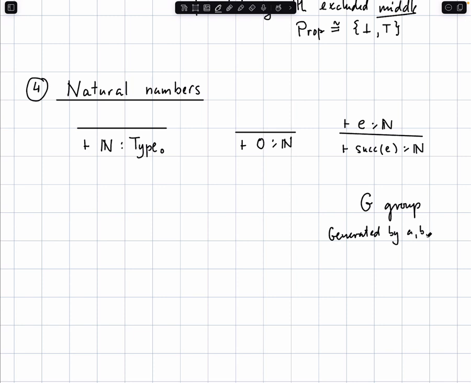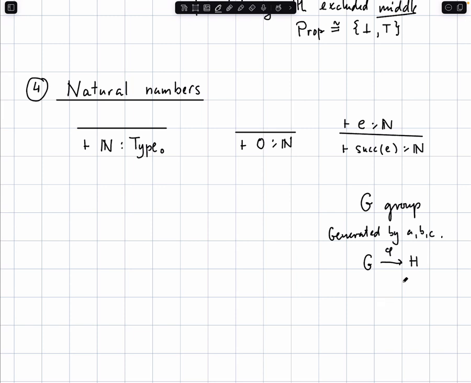Let's call them A, B, and C. And now I want to give you a homomorphism from G to H. Do I have to define what this homomorphism does on all elements of G?